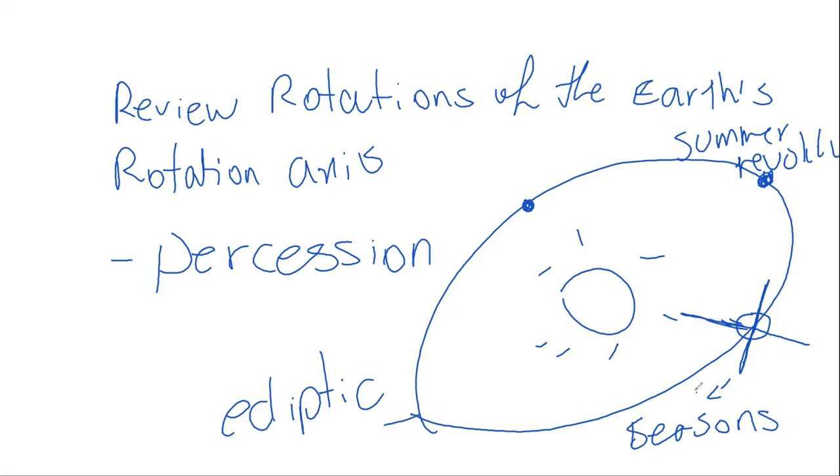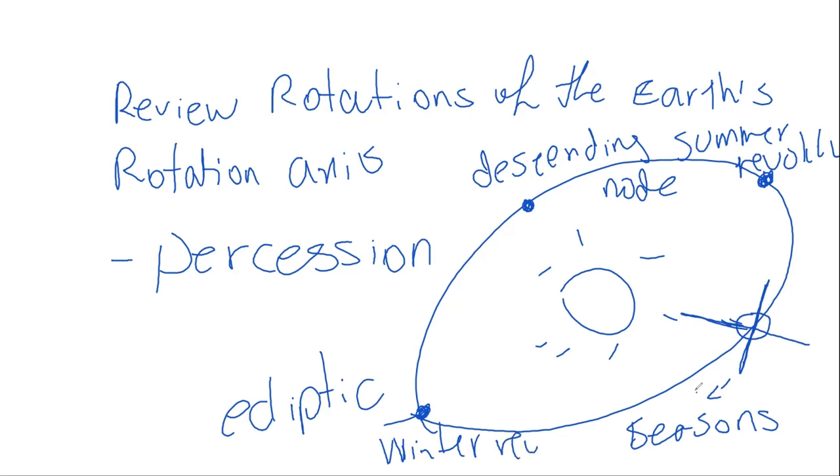It's called the descending node. When it comes to this part, it is called winter solstice. And then coming back here to the other part is called the ascending node.